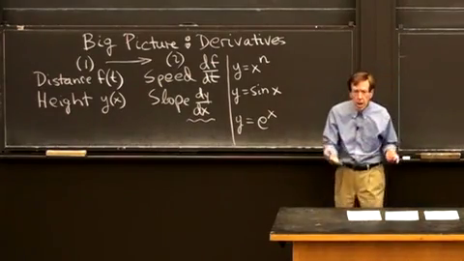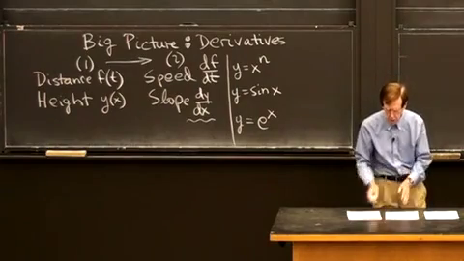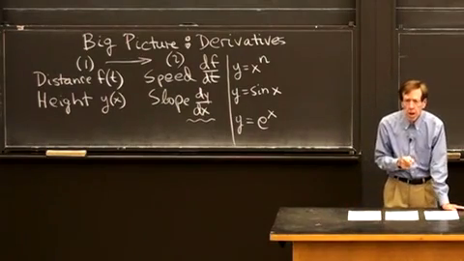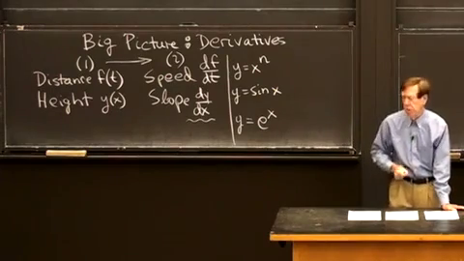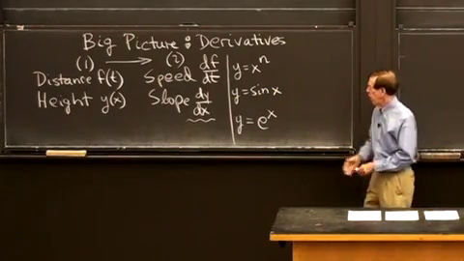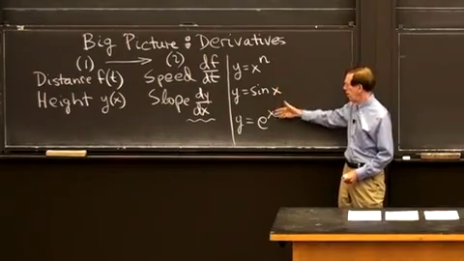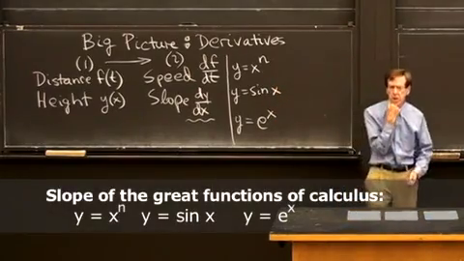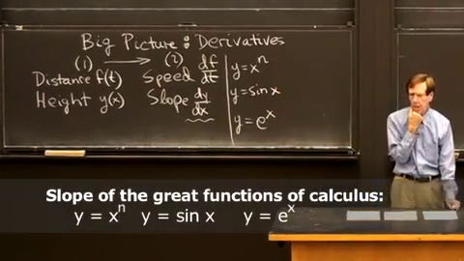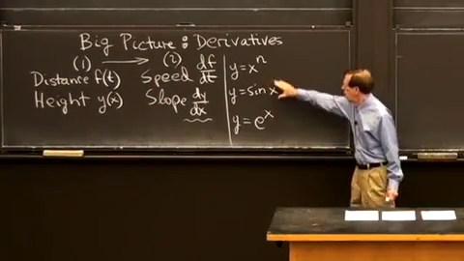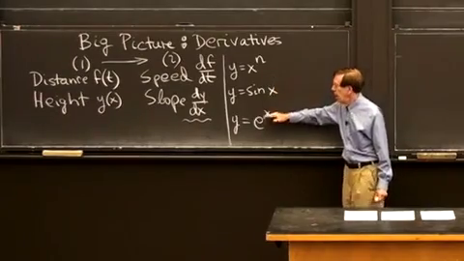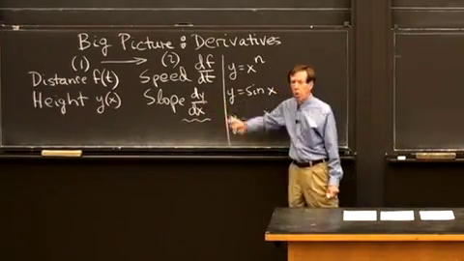So let me develop what we're doing. The one thing we can do, and now will do, is for the great functions of calculus, a few very special, very important functions, we will actually figure out what the slope is.